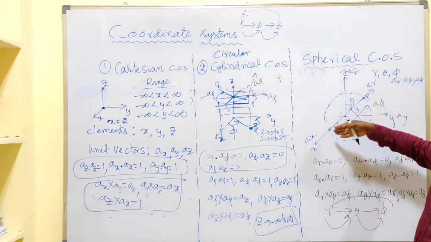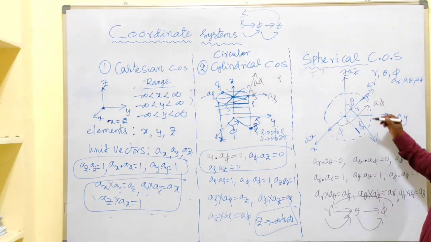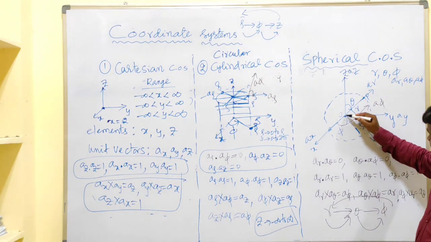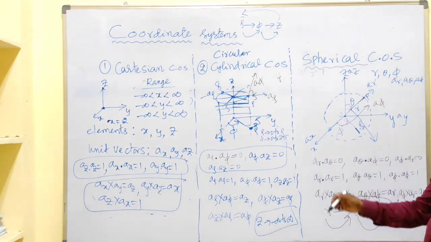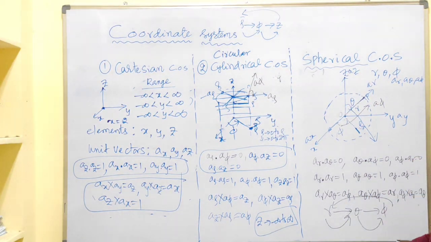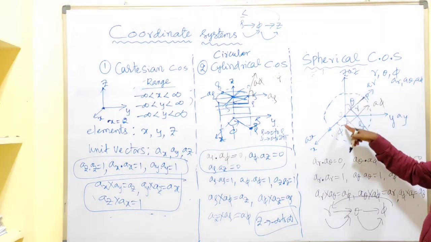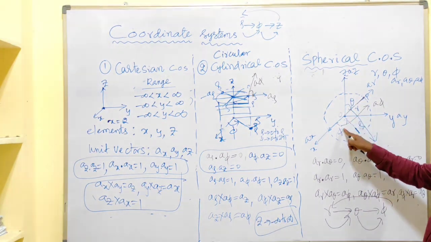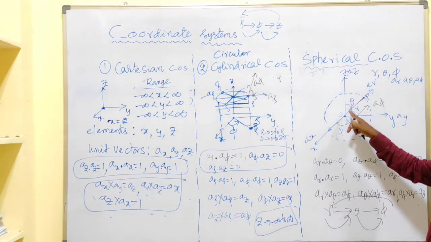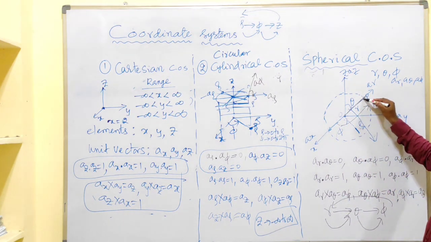R is nothing but the magnitude of the position vector OP, and theta is the angle between the z axis and the position vector of point P.